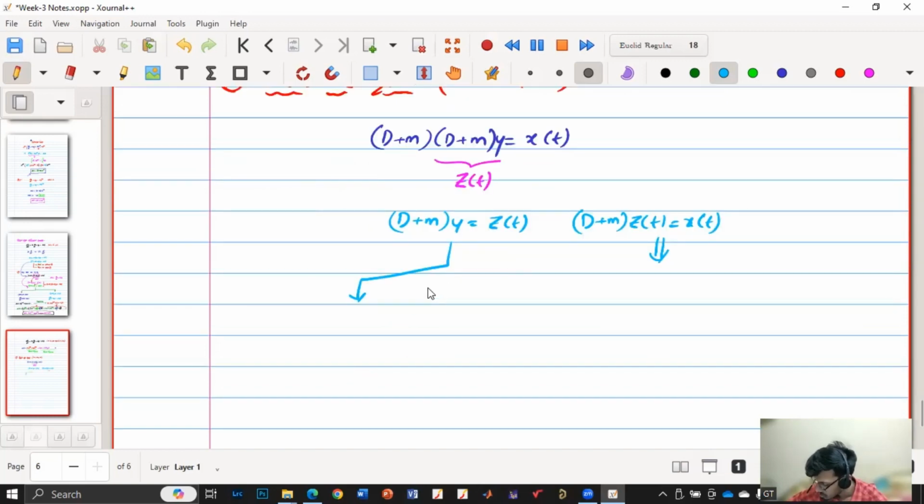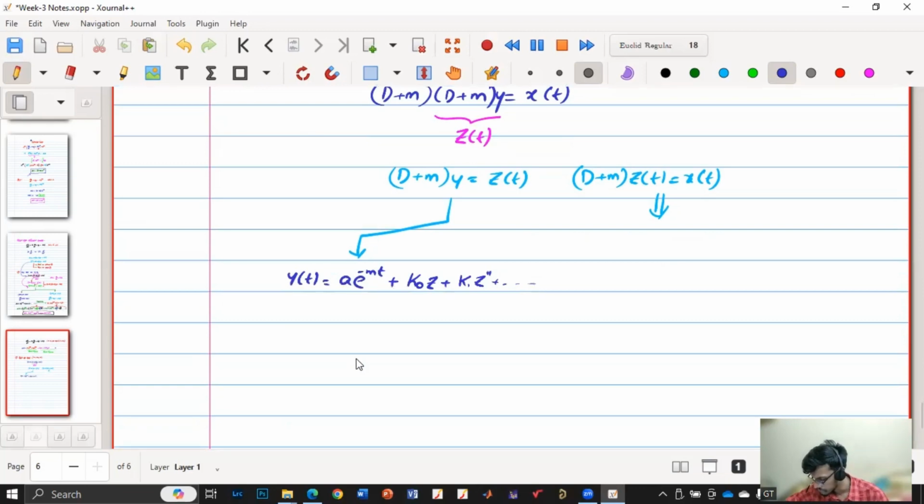So what will be the solution of this expression? What is y of t? y has to be a e to the power minus mt plus k naught z plus k1 z dash plus k2 z double dash, up to so on. Okay.